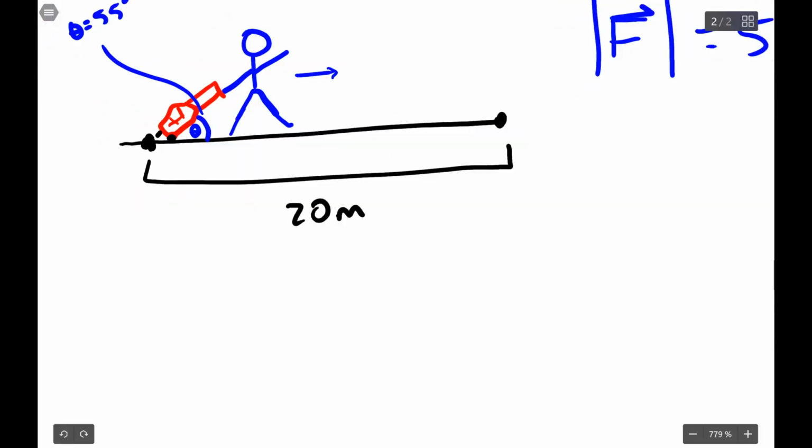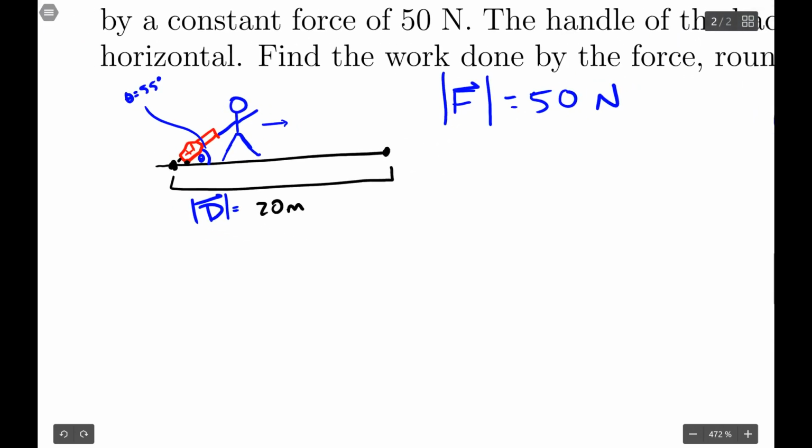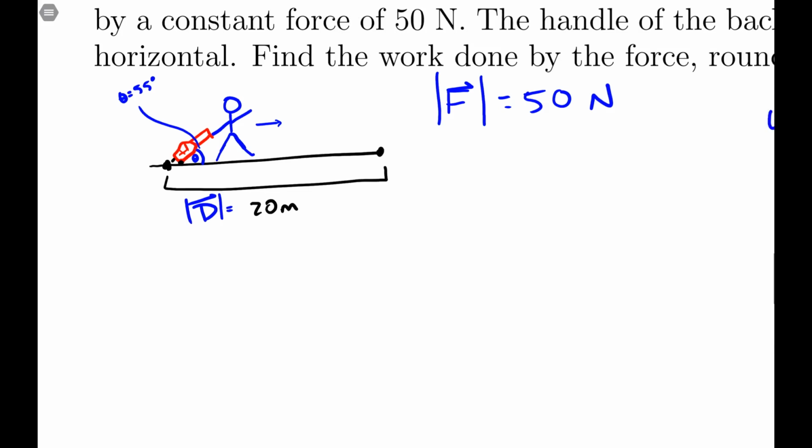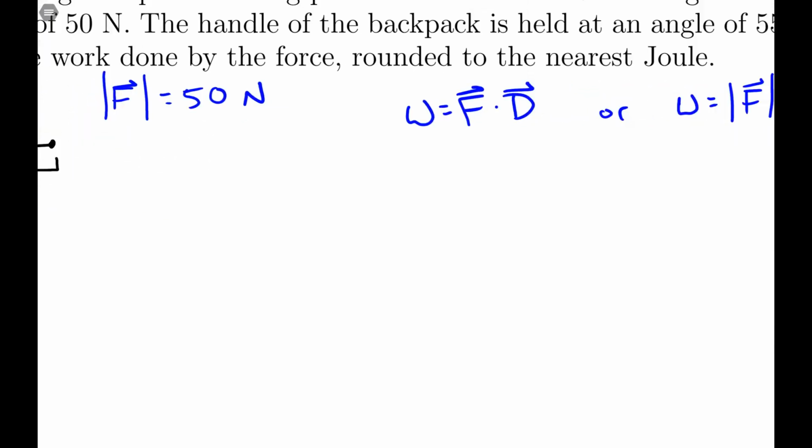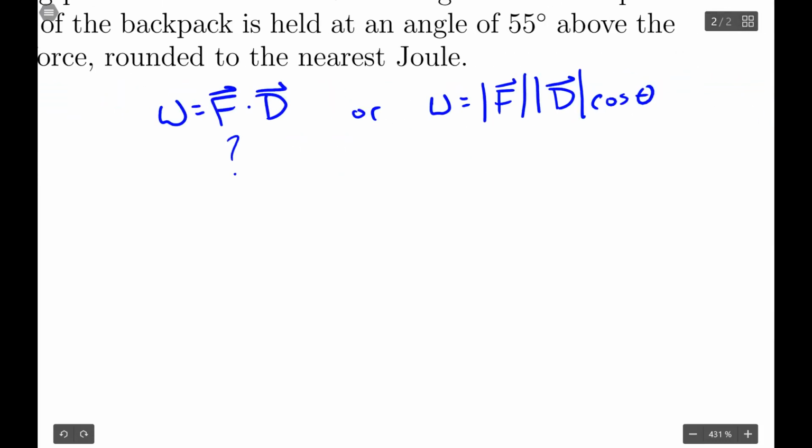I know that this backpack is being pulled 20 meters. That's an amount of our displacement. It's moving 20 meters. It's being pulled with a force of 50 newtons, so that's a size of a force. We also know the angle between the displacement and the force, that's 55 degrees. So we actually have enough, not really to utilize the first one, but we have enough to utilize this second formula.